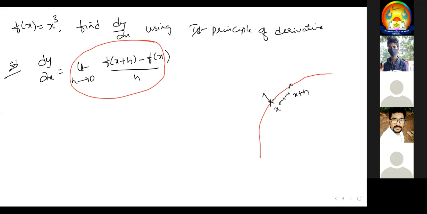When it is x, its functional value is f of x. This is x plus h, and its functional value is f of x plus h. Now, f is a dependent variable. We all are dependent students. Whenever you want to buy something, we ask our father or mother, meaning we are depending on our parents.